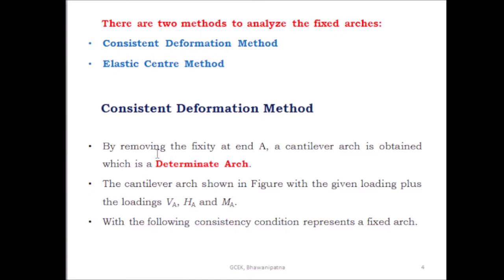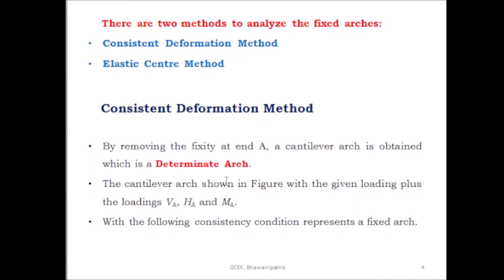The consistent deformation method is the most basic and most general method. As a first step in the procedure for analysis, first remove the redundants and thus reduce the given structure to a determinate one, which is also called a released structure.